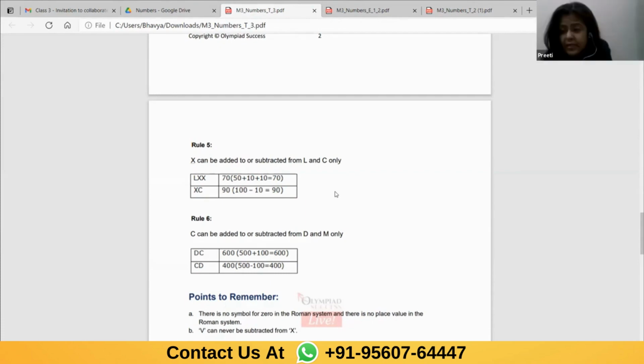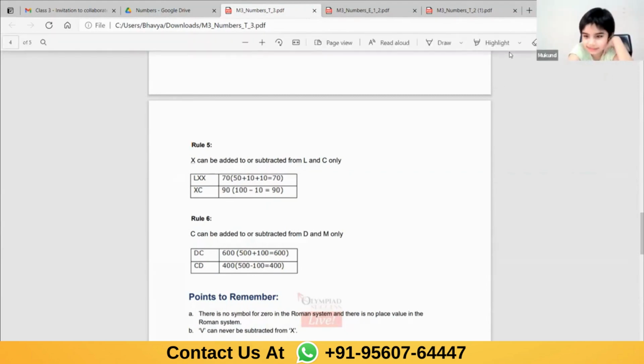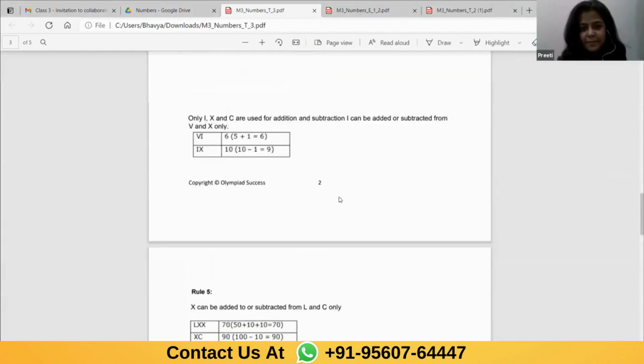Similarly, children. Yes. Called 51, L and 1. No. Can you use I symbol with L? No. L and C. See, what was the rule here?